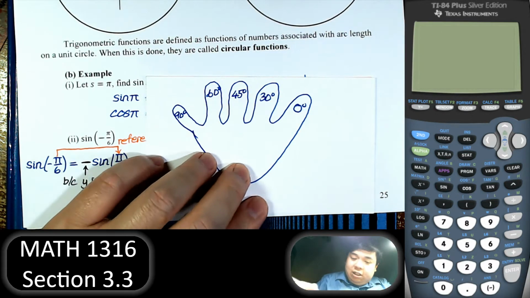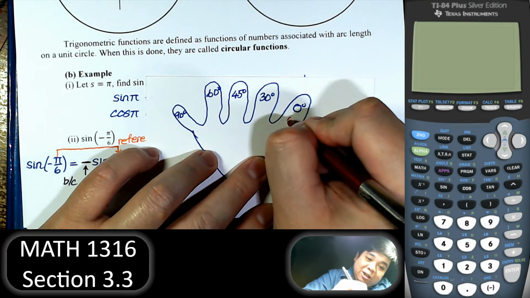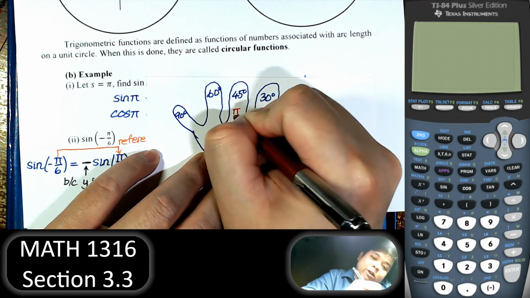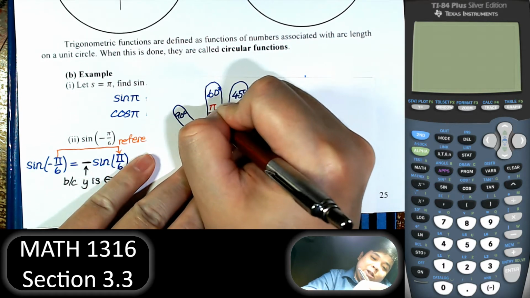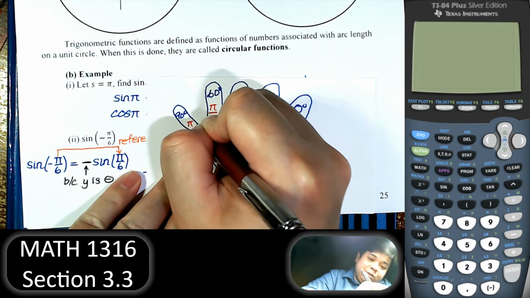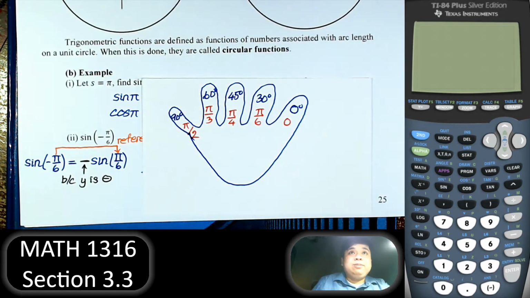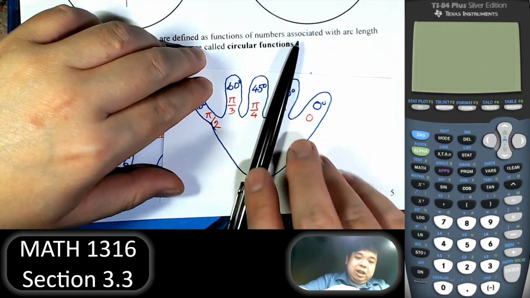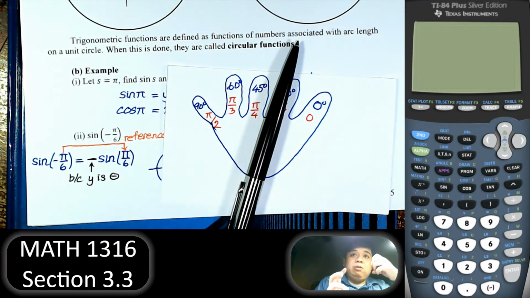Equivalently in radians, 0, pi/6, pi/4, pi/3, and pi/2. And this is pi/6, and sine is the number of fingers on the right.